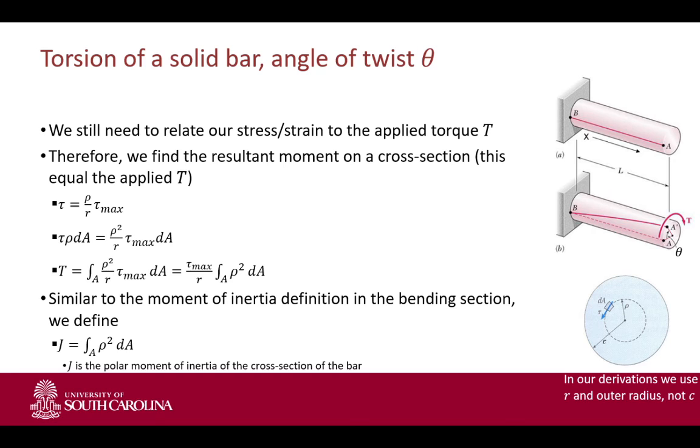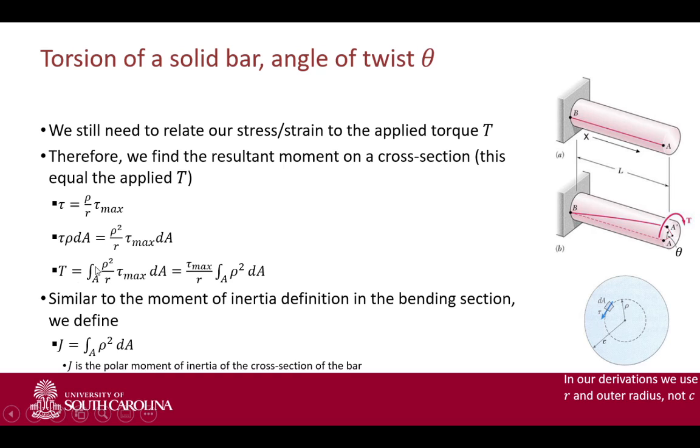To do so, we find the resultant moment in the cross section, and we set this equal to the applied torque. So we multiply tau by dA, basically force times area, and multiply by an arm rho. We can rewrite that as rho squared over r times tau max dA, and we set that equal to our torsion.